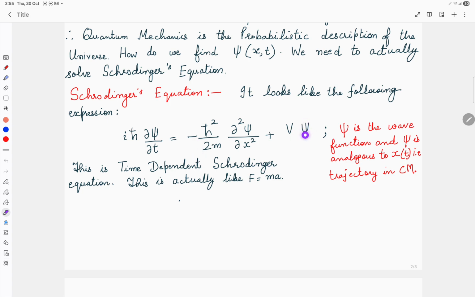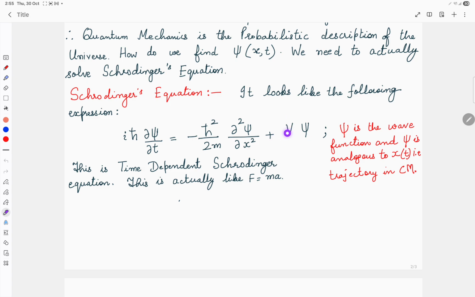And psi is analogous to x, which we want to find in the classical world. In the quantum world we want to find psi. So we will obtain psi by solving this Schrodinger equation, which is iota h cross del psi by del t, the time derivative of the wave function, equals minus h cross square by 2m times the double derivative of psi with respect to x square, plus V psi.